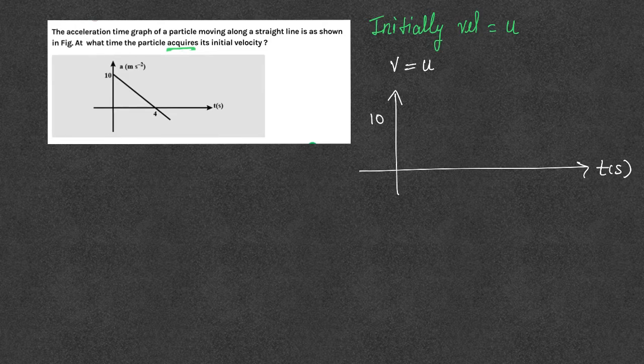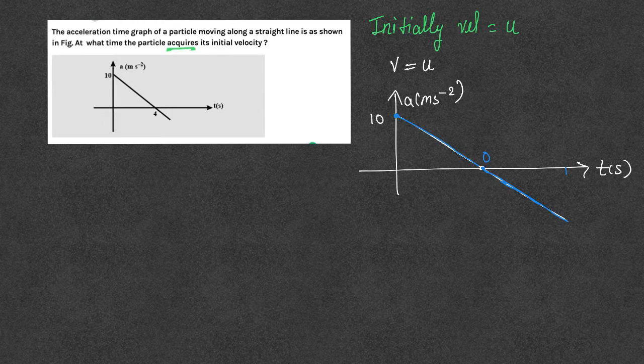So this is the graph. Over here it's accelerating, and over here the acceleration is 0, and over here it decelerates back. So suppose this is the initial velocity and it's accelerating, and again it starts decelerating over here.